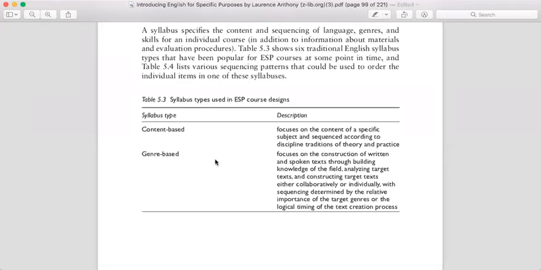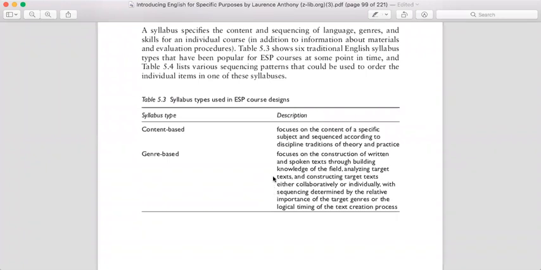Okay, next is the genre based syllabus. Now this is also specific to the field. Okay, what text or what conversation talk takes place in a particular profession, and it is based on that.